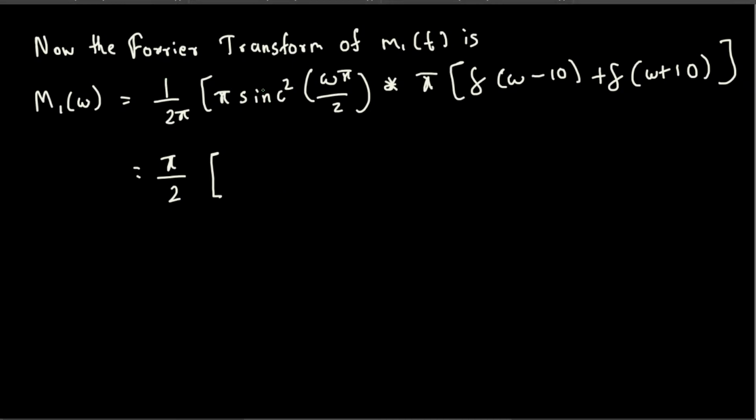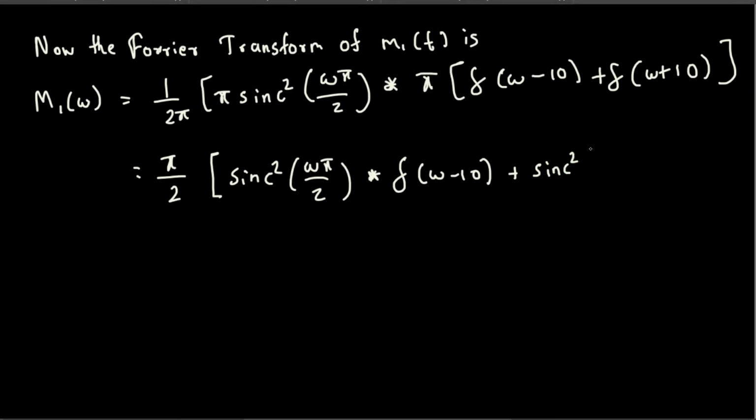Now we only have to deal with this sin squared and these delta functions. When we do the convolution, the first term is going to be sin squared of omega pi divided by 2 convolved with delta of omega minus 10, plus again sin squared of omega pi divided by 2 convolved with delta of omega plus 10.